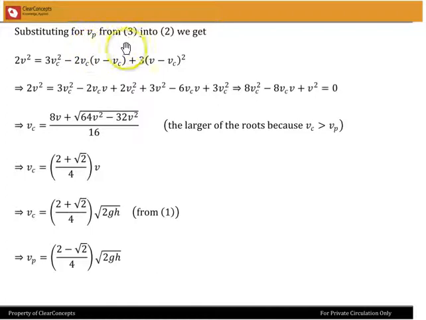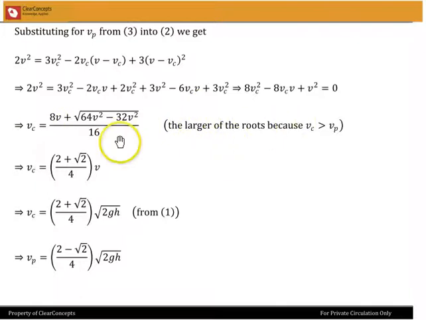So we substitute from equation 3 into equation 2 for Vp, and we get 2V squared is equal to 3Vc squared minus 2Vc times (V minus Vc) plus 3 times (V minus Vc) whole squared. Expanding and grouping terms, we get the quadratic equation 8Vc squared minus 8VcV plus V squared is equal to 0, and we can solve this now. So Vc is equal to 8V plus square root of 64V squared minus 32V squared, divided by 16.